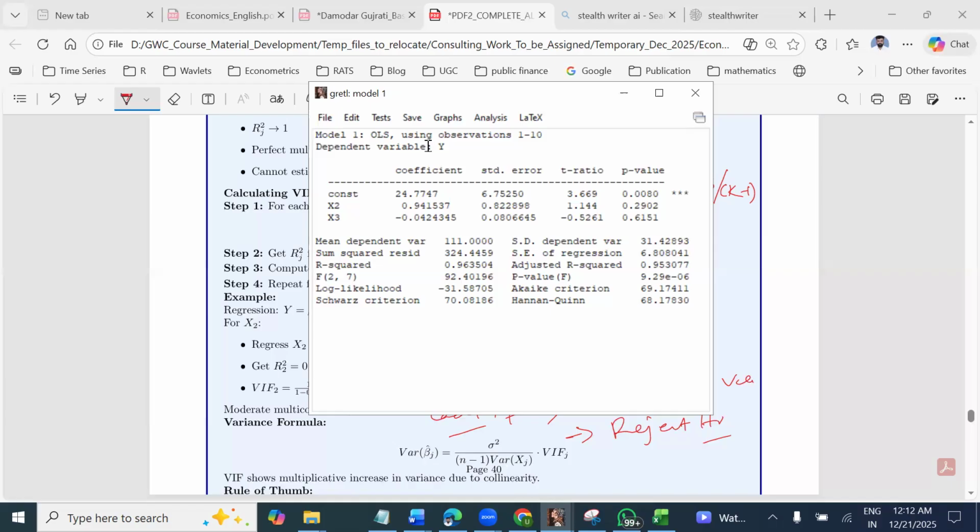So if there is one dependent variable, always only one, y, and there are 2 independent variables, then your k will be 3. And if there is a 4 variable regression, one more variable x4, then your k will be 4.